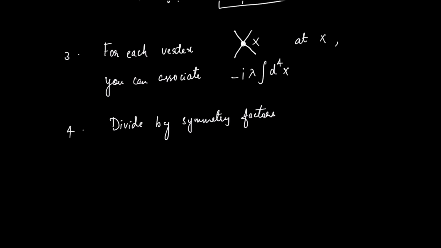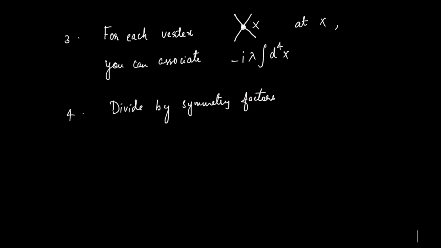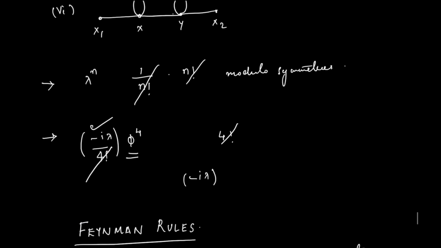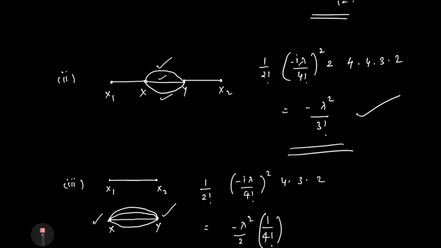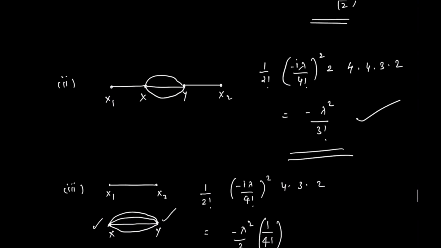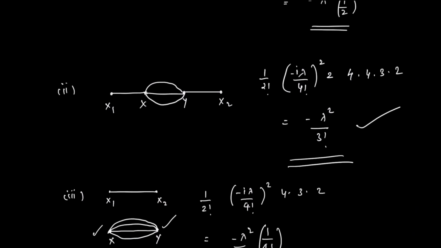Okay. So I'll just give you an example. For example, let's consider the second diagram. This is the easier diagram. If you consider this second diagram, the symmetric factor is 3 factorial, because we have already discussed that the vertex is not symmetric. Vertex x and vertex y are not symmetric because x is connected to x1 and y is connected to x2.